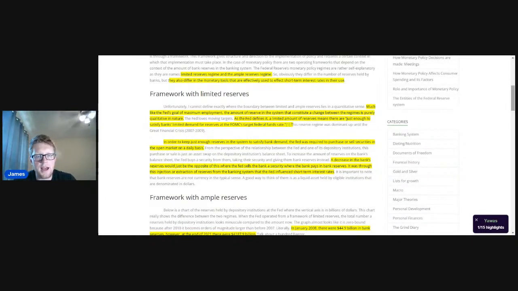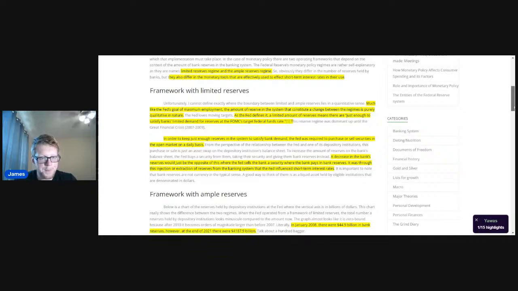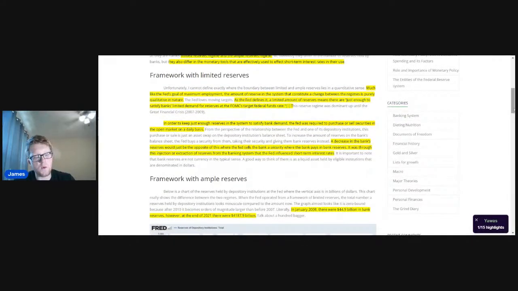As the Fed defines it, a limited amount of reserves means there are just enough to satisfy banks' limited demand at the FOMC's target federal funds rate. So when there's a limited amount of reserves and they're just enough to satisfy demand, the Fed influences short-term interest rates by changing the amount of reserves in the system.